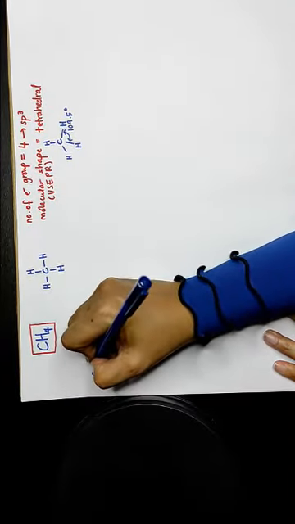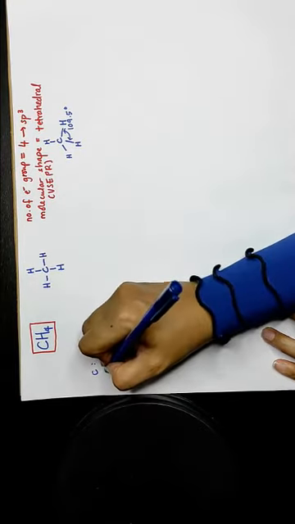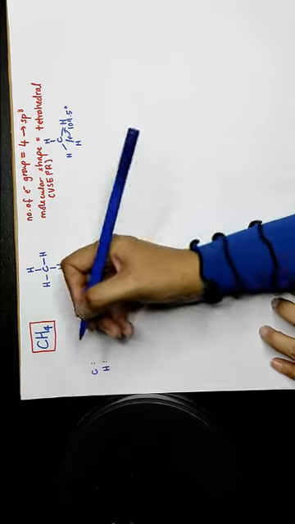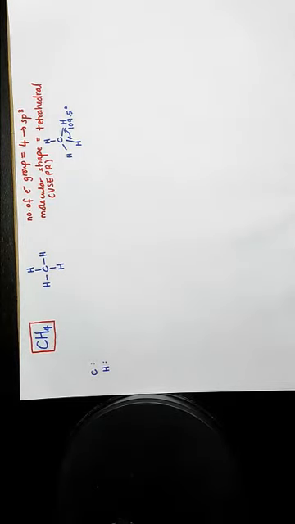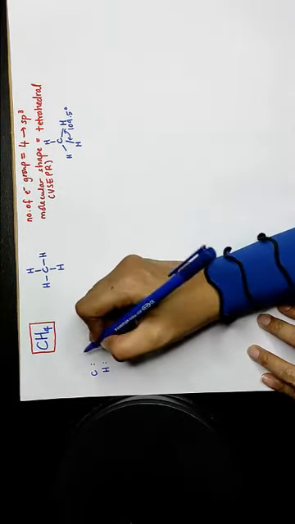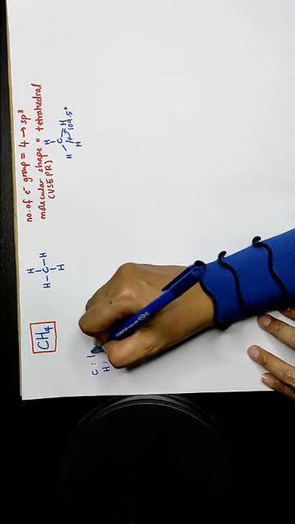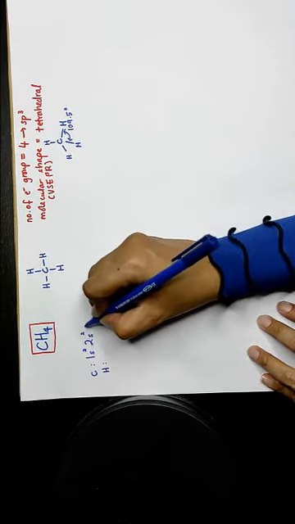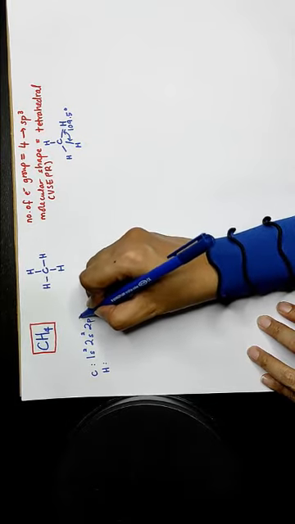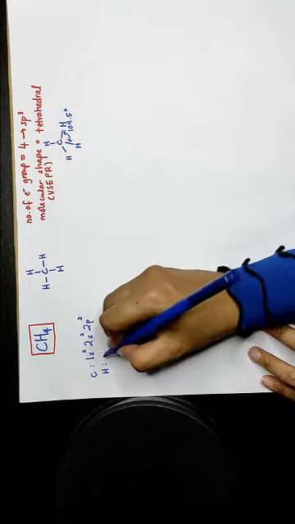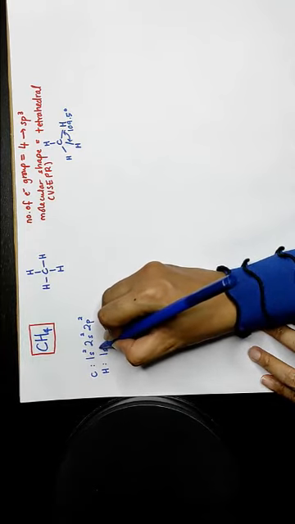to describe the hybridization process of the carbon atom, we start with the electronic configuration of carbon and hydrogen. Carbon's proton number is 6, so the electronic configuration is 1s2, 2s2, 2p2, and the valence electronic configuration of hydrogen is 1s1.